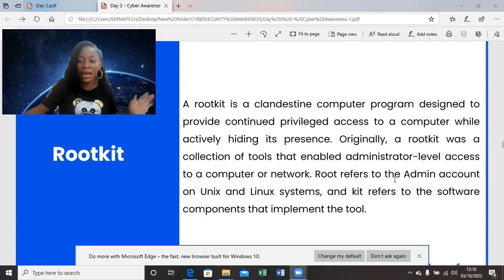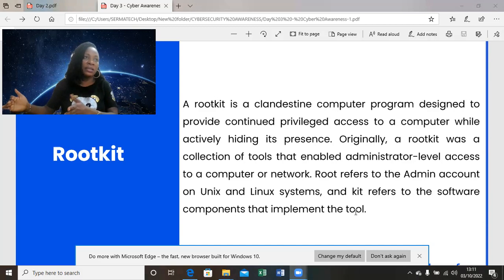Root refers rather to the admin account on Unix and Linux systems, and kit refers to the software component that implements the tool. So they are saying that originally this was a legit tool that was designed. For instance, the tech side of an organization can design it and install it in the computer network within the organization to check that everything is working well.